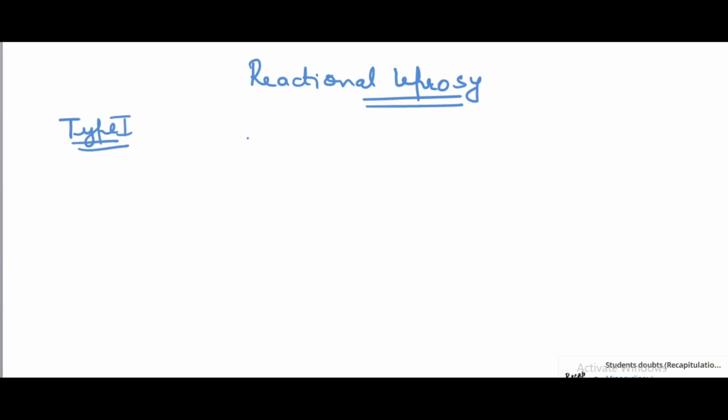Now coming to reactional leprosy. Remember these are of 2 types. The type 1, reversal reactions, is seen in the borderline groups and is characterized by changes in the immune state. It could be an upgrading reaction or a downgrading reaction.